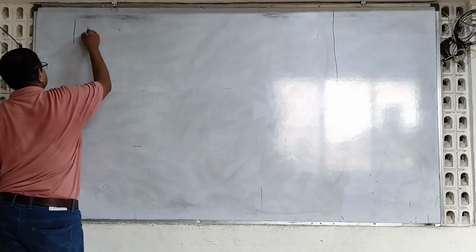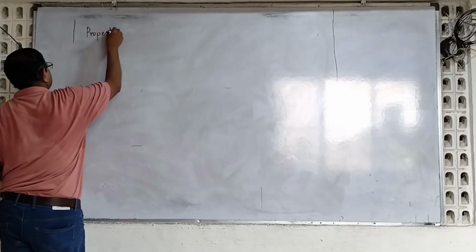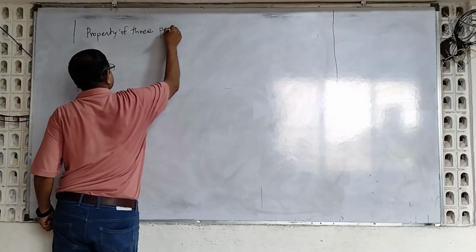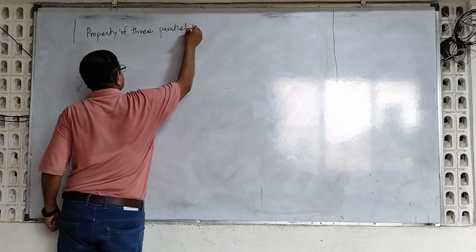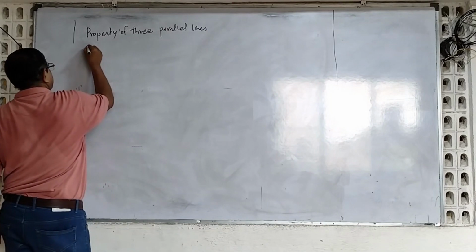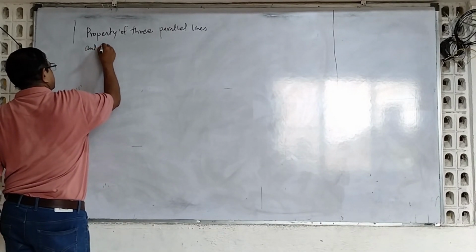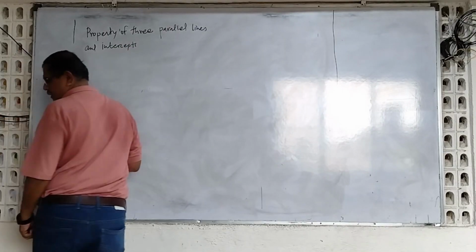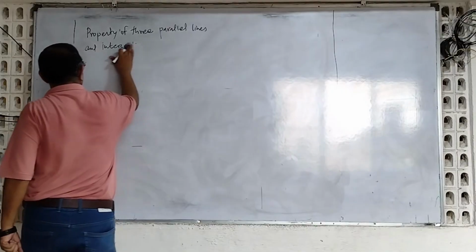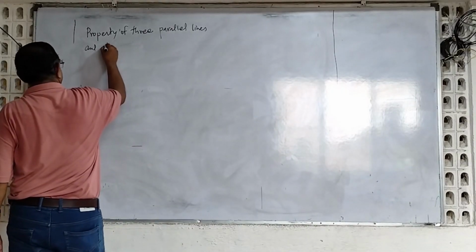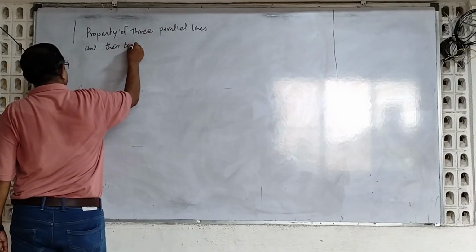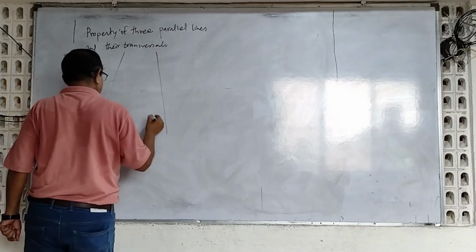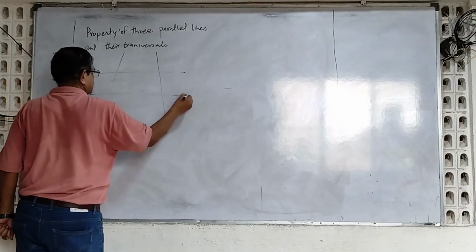Property of three parallel lines and the intercepts made by their transversals. What is that? These are the two transversals of these three parallel lines.